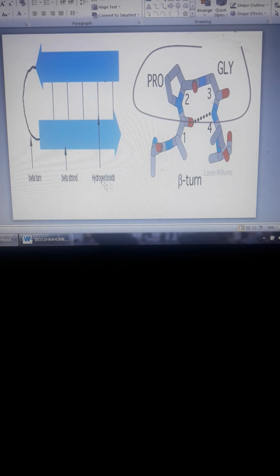The arrows, or the position of the structure of the beta sheet, are opposite. Next, beta turn is usually present in proline and glycine. If this is the pleated or beta sheet, this is considered to be the beta turn, where the beta turn is protected by a flexible loop.